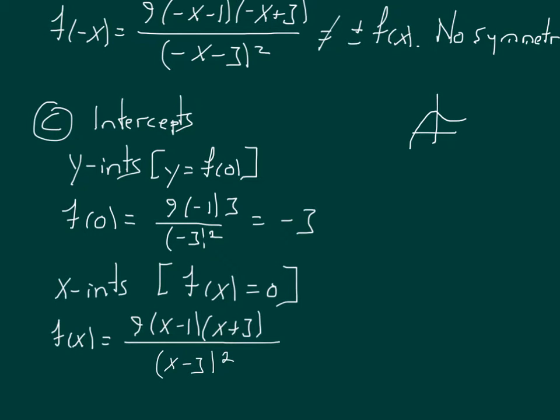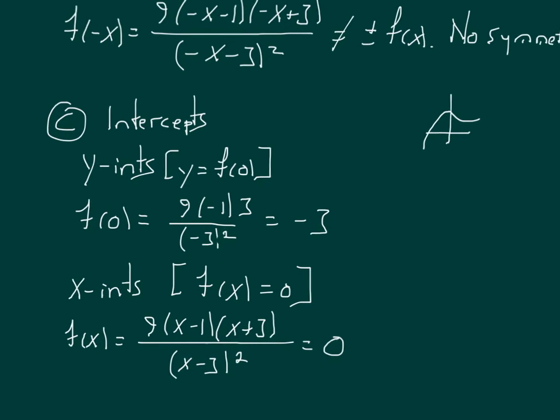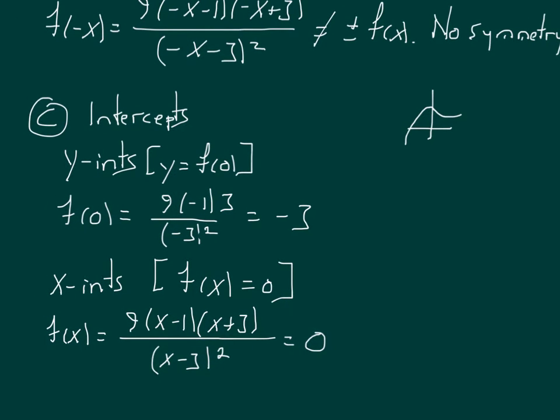So we're wondering, when is this going to take the value 0? And that's going to happen when the numerator is 0. And the only time that the numerator gets to be 0 is when this factor is 0, which is to say when x is 1 or x is minus 3.